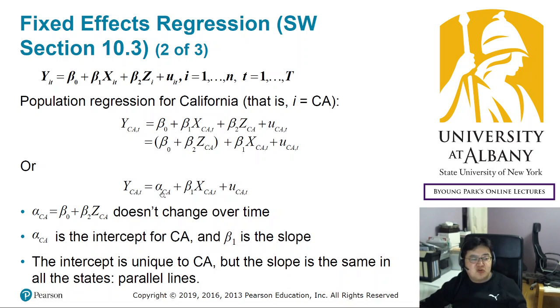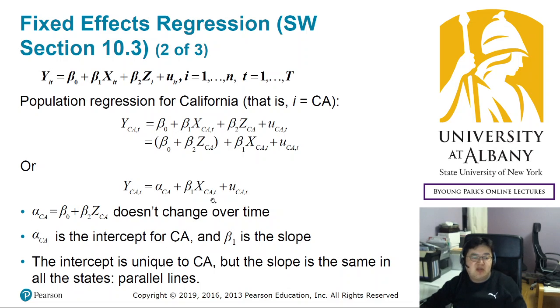And also you may interpret alpha as an intercept, but it is an intercept specifically for California, because different states, like New York, would have different values of z, so this part will be different. So New York's alpha would be different. So this is an intercept, but it is specific to California.